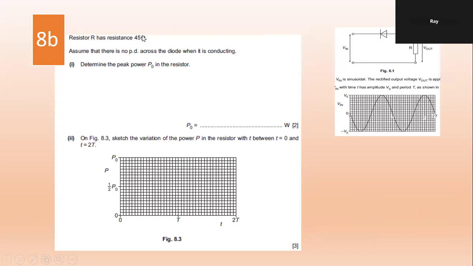Resistor R has a resistance of 45 ohm. Assume that there is no PD across the diode when it is conducting. Determine the peak power in the resistor.